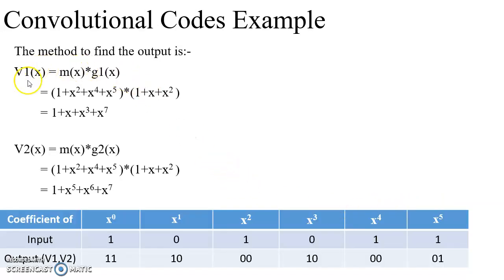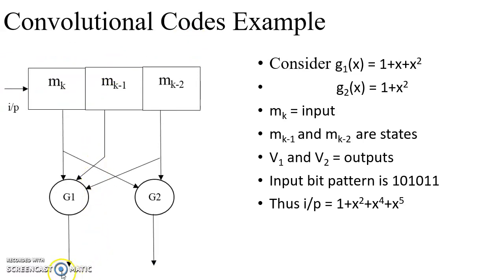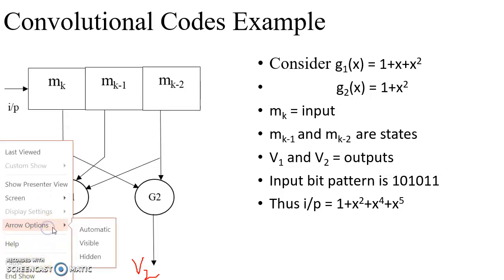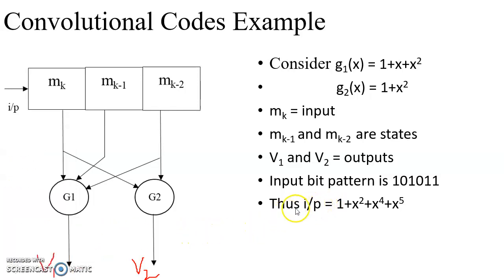Now to find the output, v1 of x is m of x into g1 of x, and v2 of x is m of x into g2 of x.